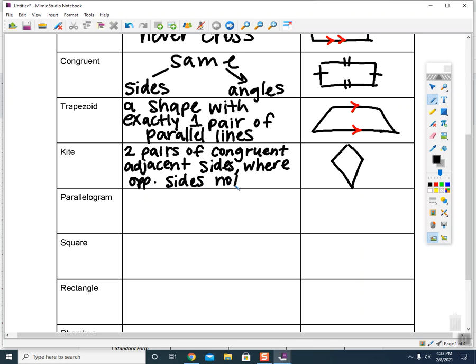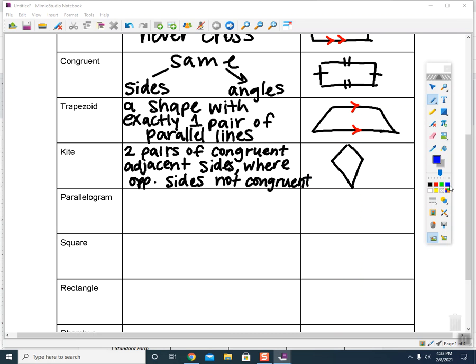I'll let you copy that down first. So two pairs of congruent adjacent sides where opposite sides are not congruent.